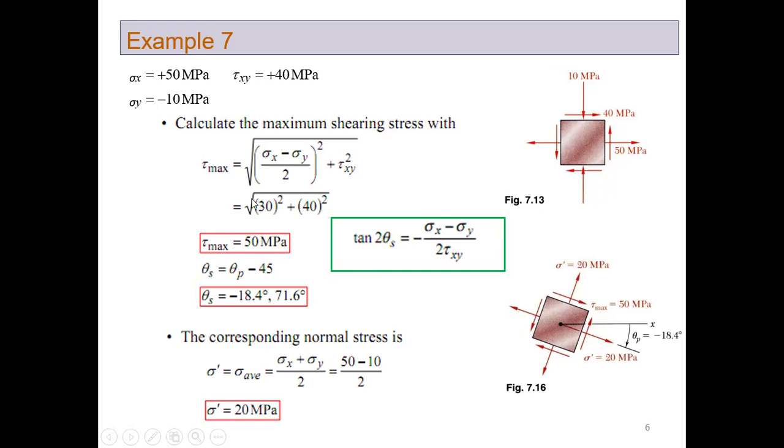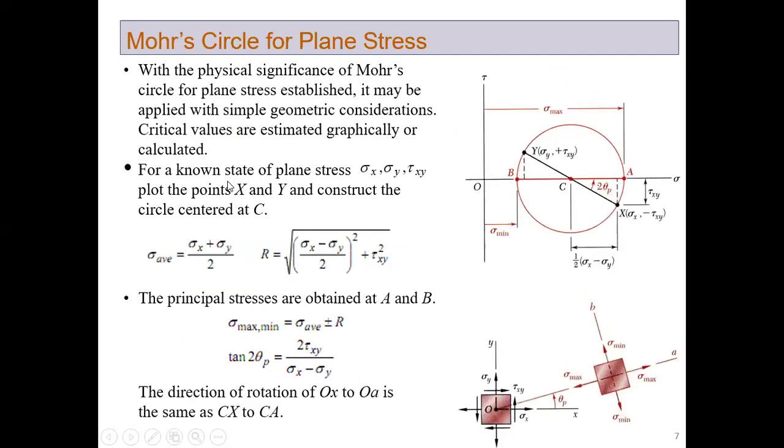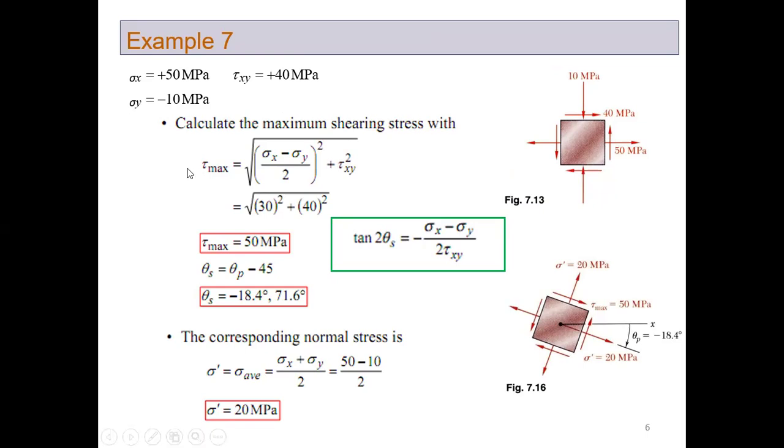Next we have to put the shear stresses. Tau maximum along this face, put this arrow representing the shear stress, and on the opposite face put the arrow in the opposite direction.